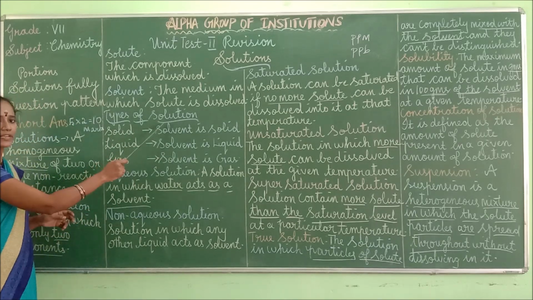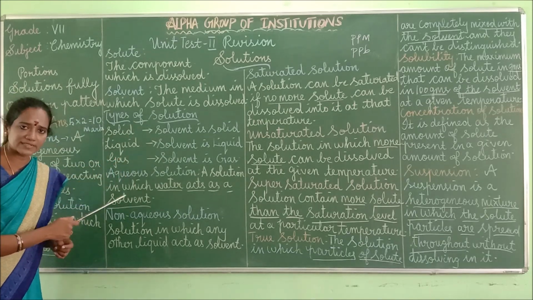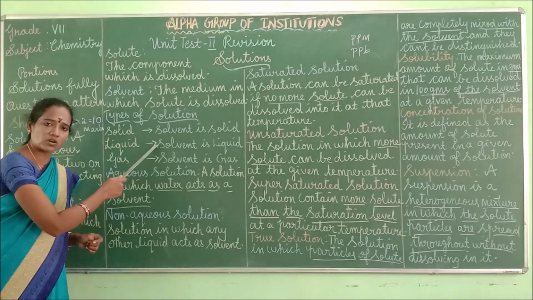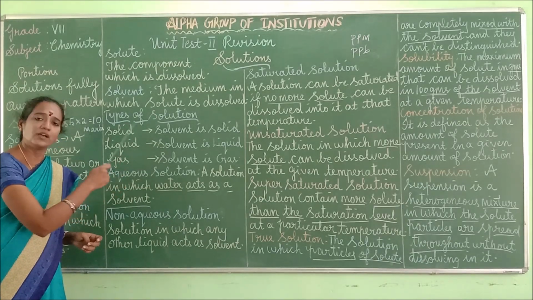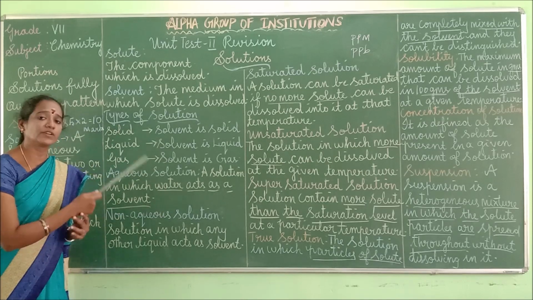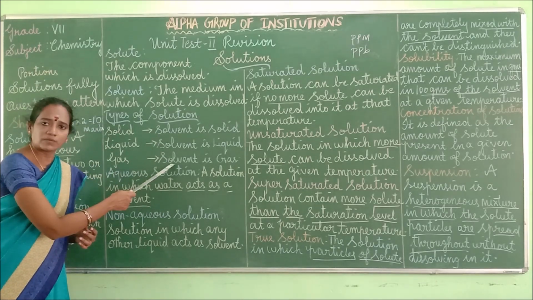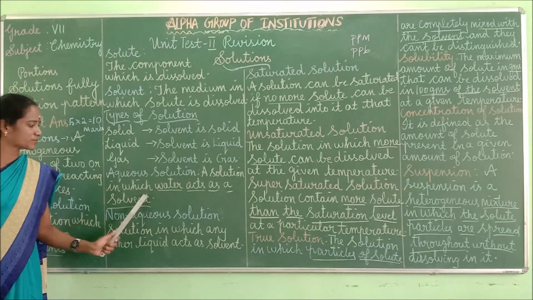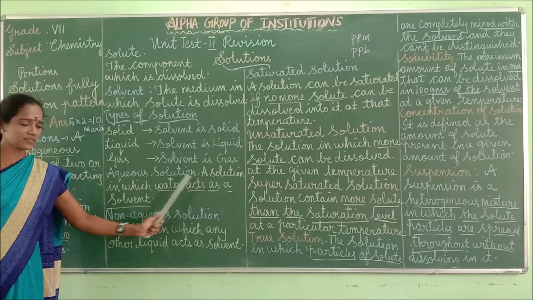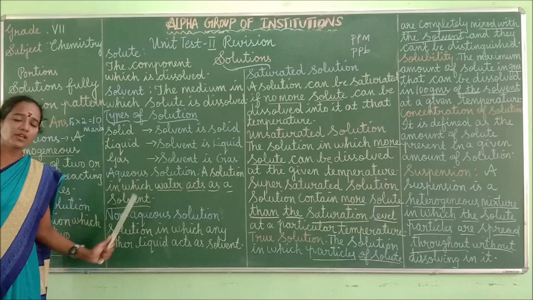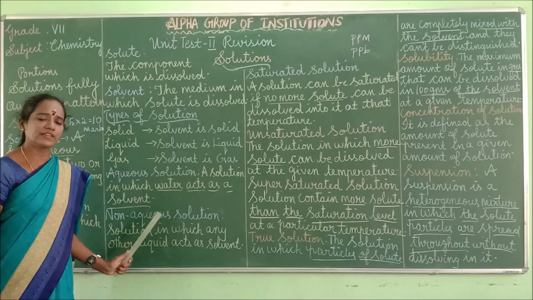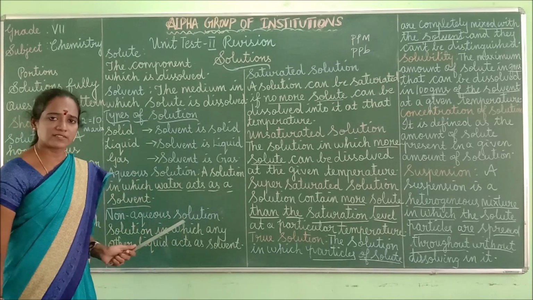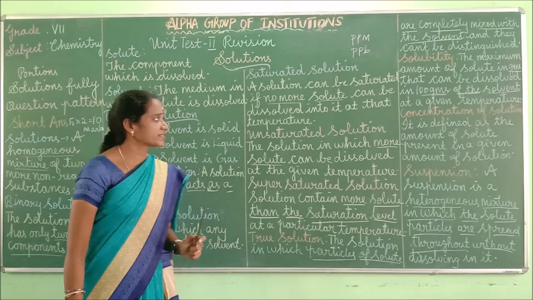Next, what are the types of solution? You have to write all three states of matter: solid, liquid, gas. In a solid solution the solvent is solid, in a liquid solution the solvent is liquid, whereas in a gaseous solution the solvent is gas. Next, aqueous solution means a solution in which water acts as the solvent, whereas non-aqueous solution means a solution in which any liquid other than water acts as the solvent.